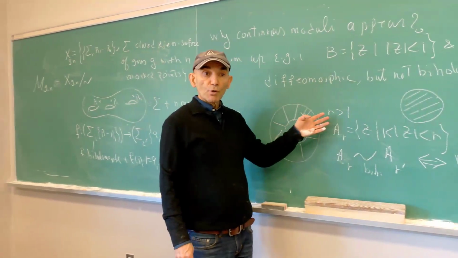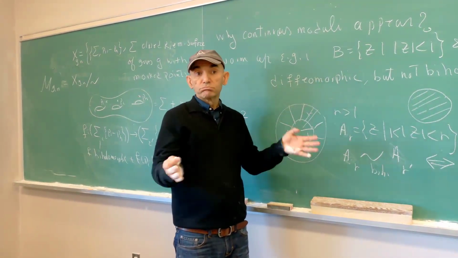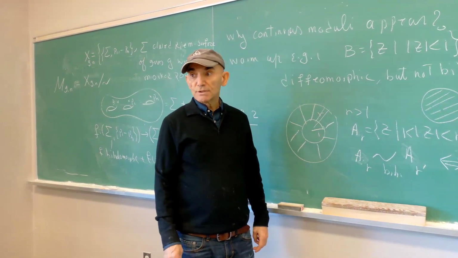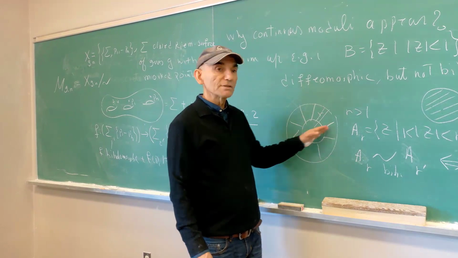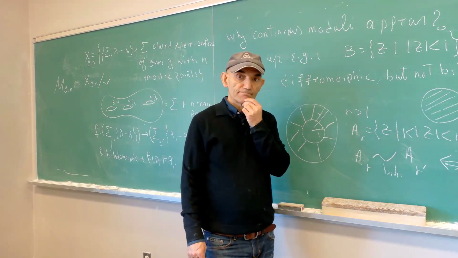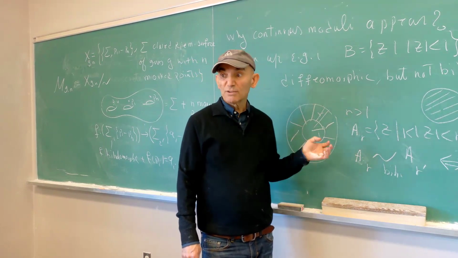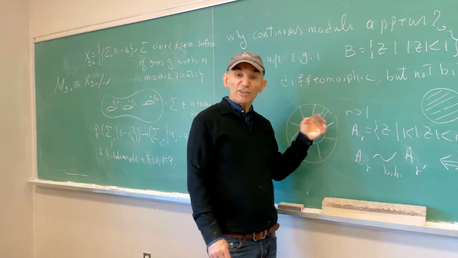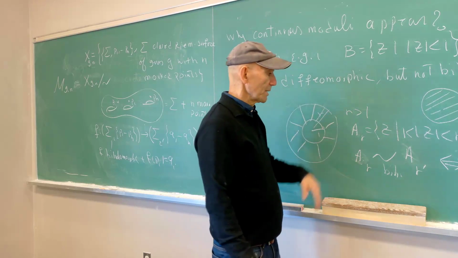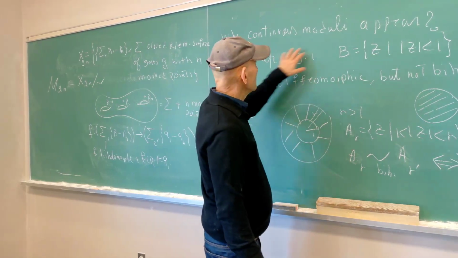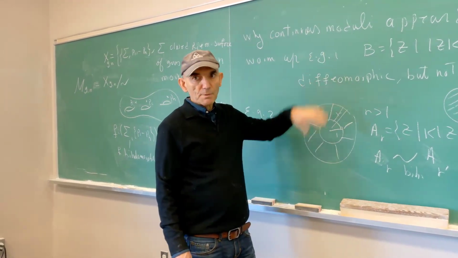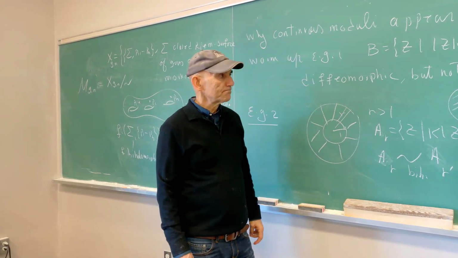But in the smooth world, all two annuli are diffeomorphic. So what you see is a continuous family of non-isomorphic, non-biholomorphic Riemann surfaces. And this is quite drastic. They are different from the point of view of Riemann surface theory. This is kind of the germ of the moduli of Riemann surfaces.